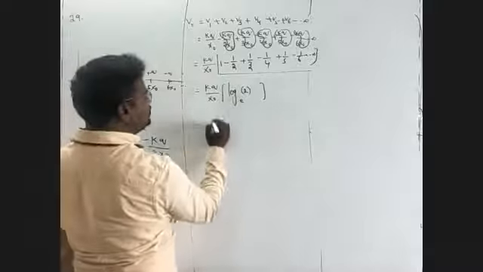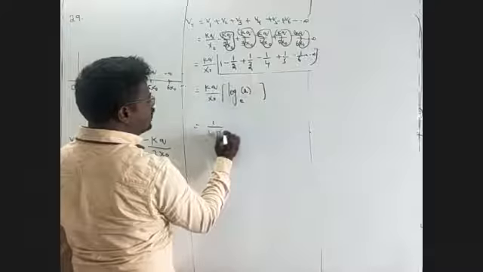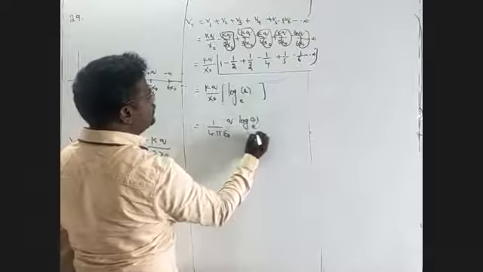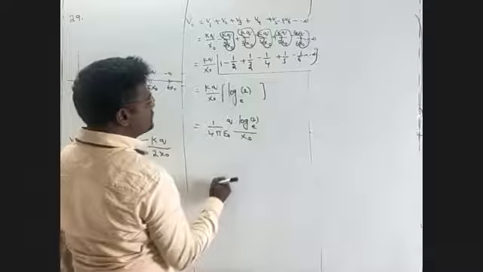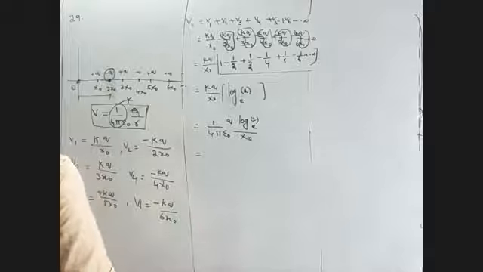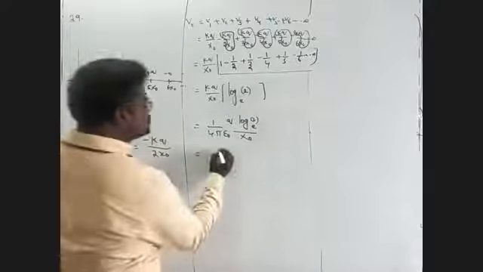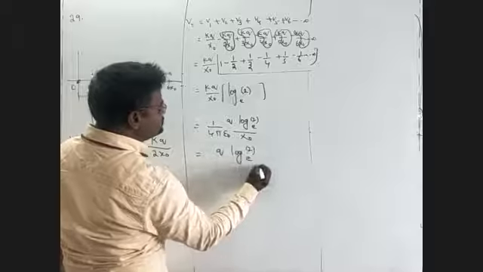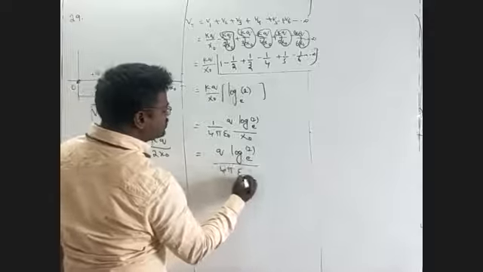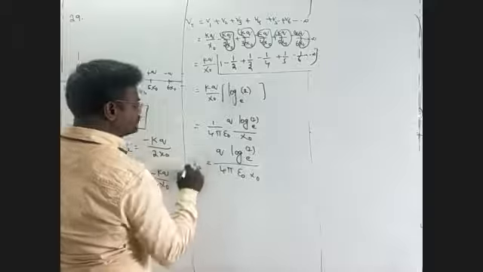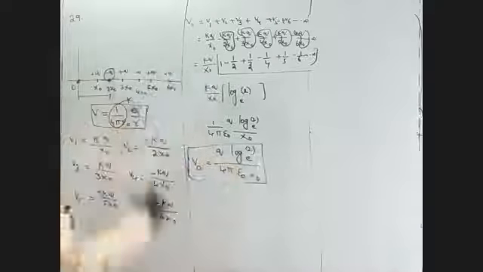Now K means 1 by 4 pi epsilon naught, so the electric potential at the origin point is Q log 2 base e by 4 pi epsilon naught x naught.